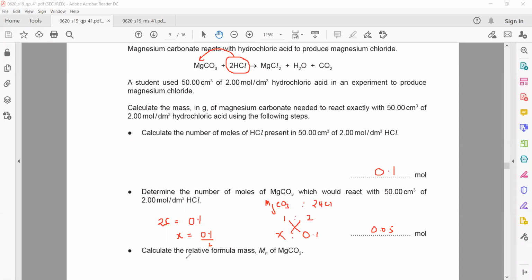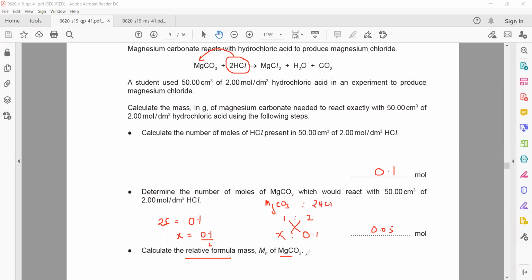Then relative formula mass. Relative formula mass means the same thing as the molecular mass, because it is showing the simplest ratio between magnesium and carbonate. That's why we call it relative formula mass. So what is the relative formula mass of magnesium carbonate?